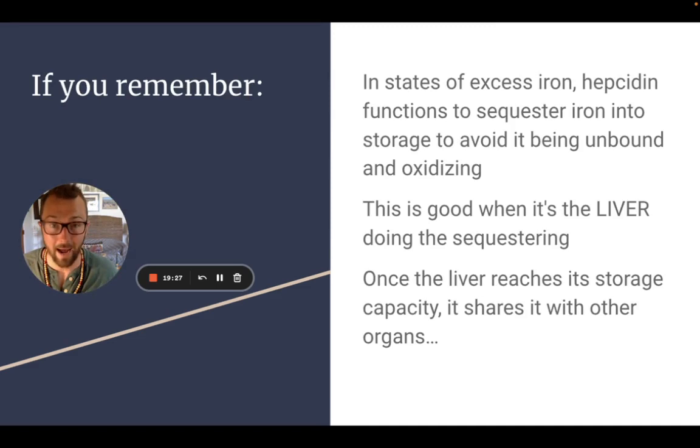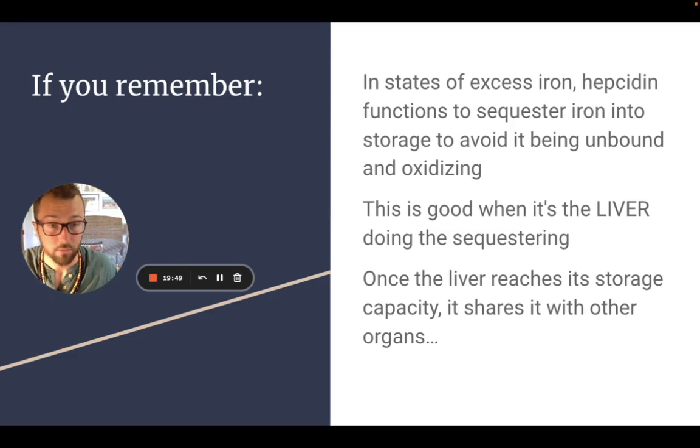And we'll talk about how that can be an issue. Because if you remember, if there's too much iron, hepcidin sequesters that excess iron into storage to make sure that it is not just being released into the system where it can just be an oxidizing terror.